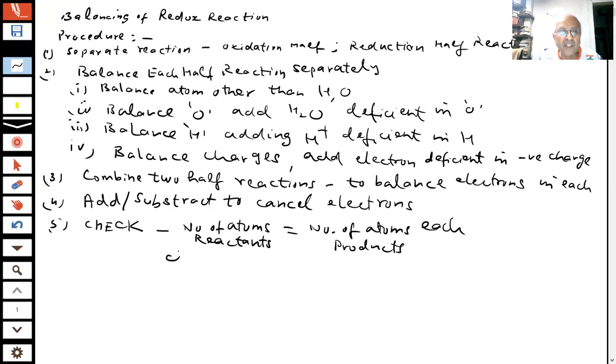Then you see that the charge on the left hand side is equal to the charge on the right hand side. Are these 5 steps clear to you?